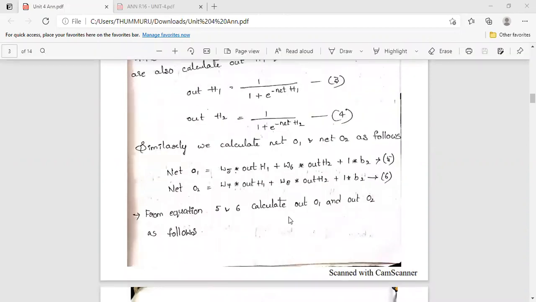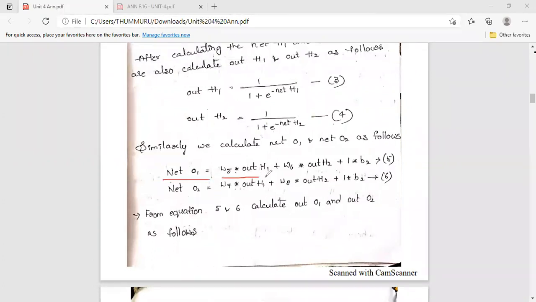Let's see. Net O1 equals W5 into out H1 plus W6 into out H2 plus 1 into B2. This is formula equation 5. And net O2 equals W7 into out H1 plus W8 into out H2 plus 1 into B2. This is formula 6.